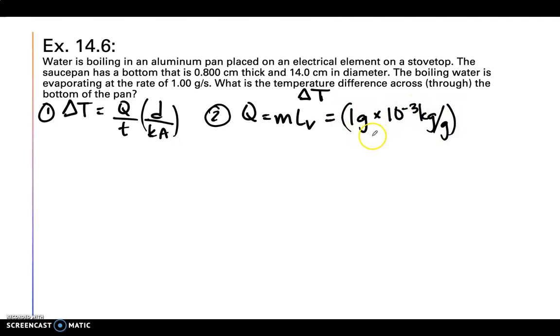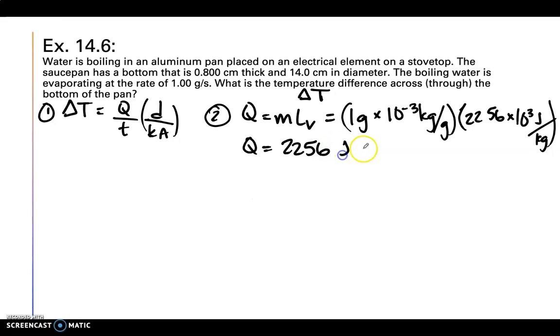So we're going to take 1 gram of water and multiply it by our L_V, which is 2,256 times 10 to the third joules per kilogram. So that's going to be my Q, 2,256 joules.